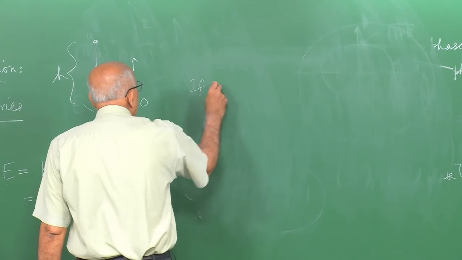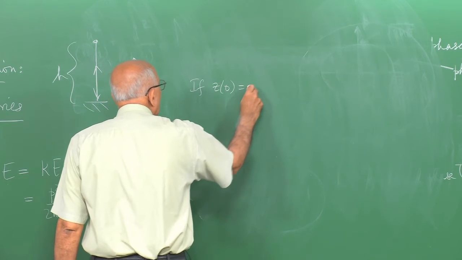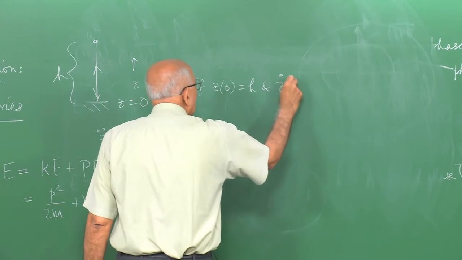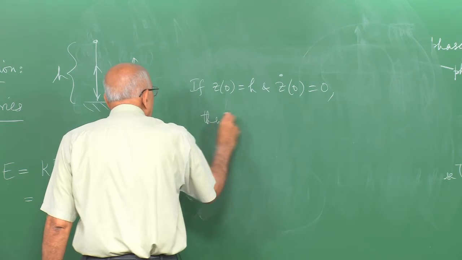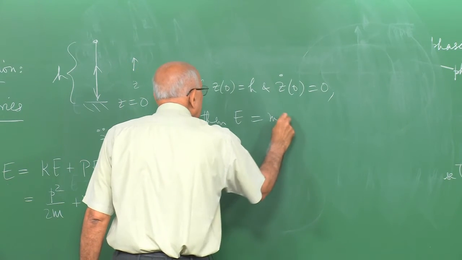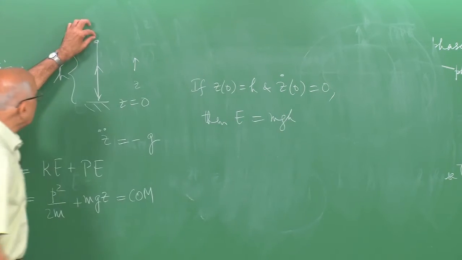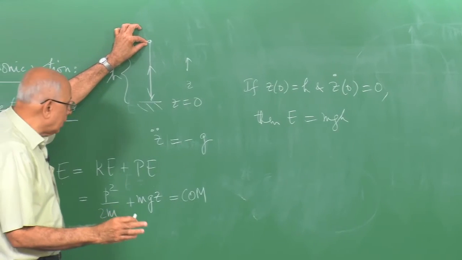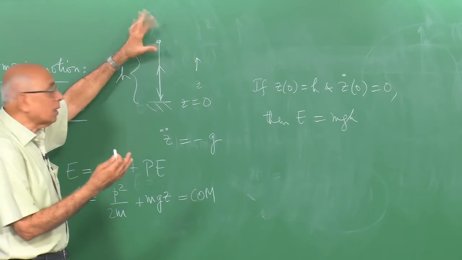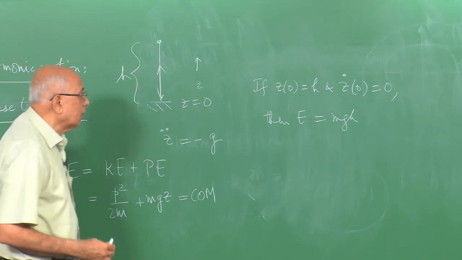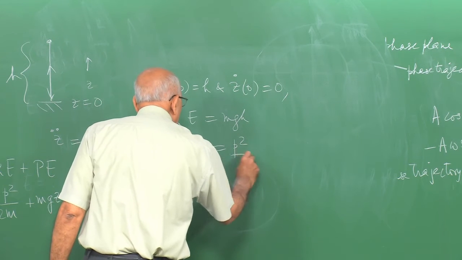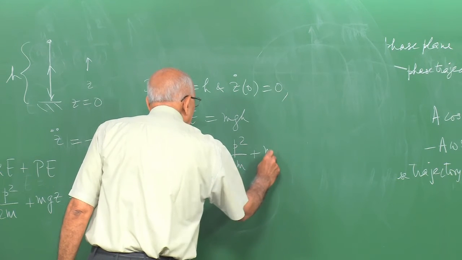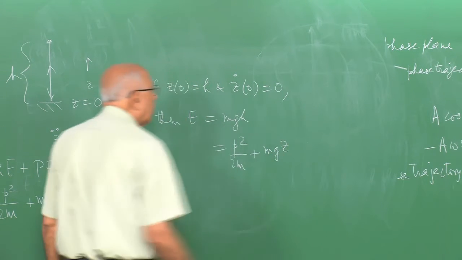If z of 0 equals h and z dot of 0 equals 0, then the total energy is mgh, because if I start here at rest, there is no kinetic energy, the potential energy is mgh, and I let go. That is the total energy, and this must be equal to p squared over 2m plus mgz at any point in the trajectory.